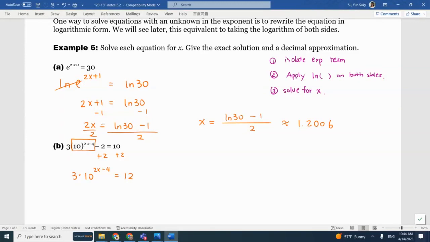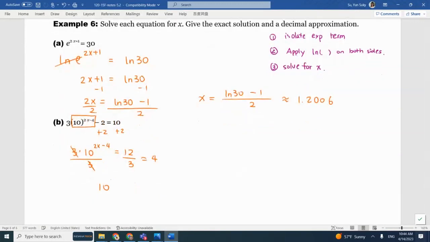We divide by the 3. 3 and 3 cancel. Do you know what's 12 over 3? 4. Right. Okay, so we get 10 to the 2x minus 4 equals 4.